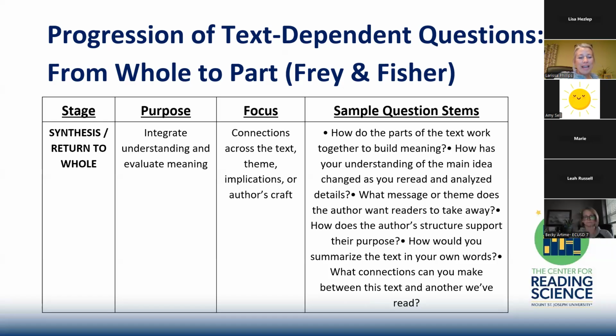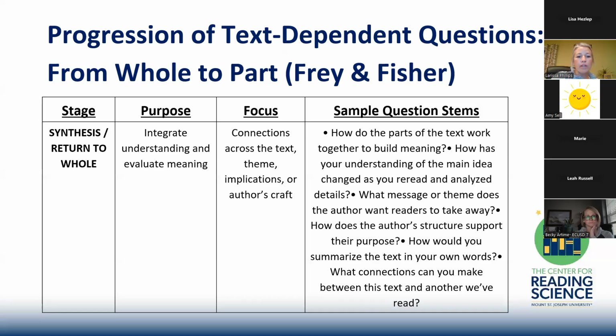And then finally, that end stage is that synthesis. Maybe we return to the whole after we've grasped that global understanding. We've looked at some parts or some words of the text. Now we want to zoom back out and integrate understanding and evaluate the meaning.